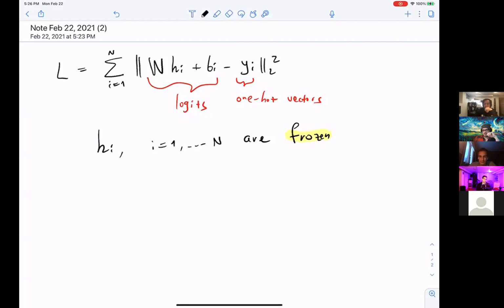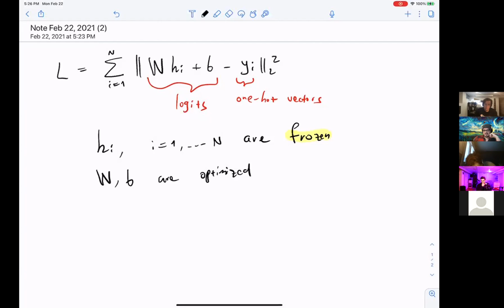Now, imagine that the only thing that we're going to optimize is W. Oh, sorry, this should be b, not b_i. And W and b are optimized. Does this make sense? So we're only optimizing the last layer and we forgot to optimize the previous layers.